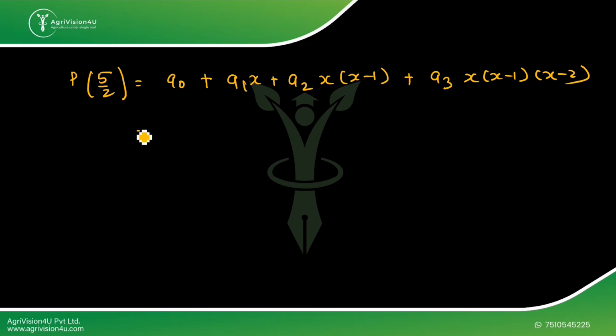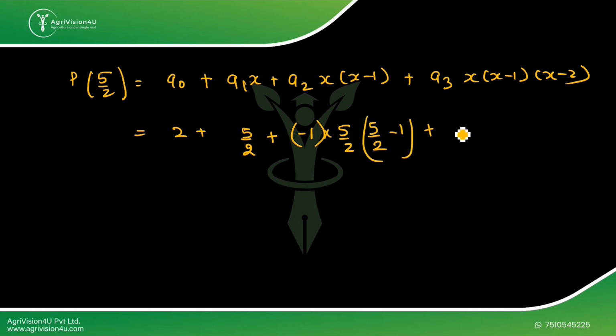If you put the values, a0 is 2, a1 is 1 into x, which is 5 by 2, plus minus 1 into 5 by 2 into (5 by 2 minus 1), plus the a3 value, which is 1, into 5 by 2, (5 by 2 minus 1), then (5 by 2 minus 2).